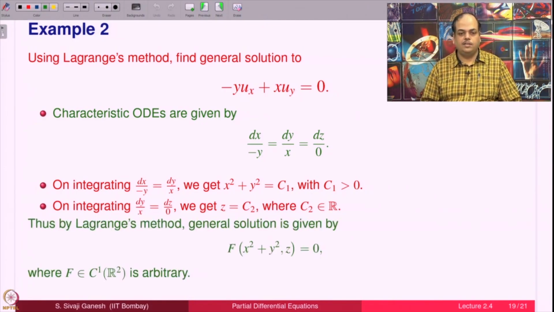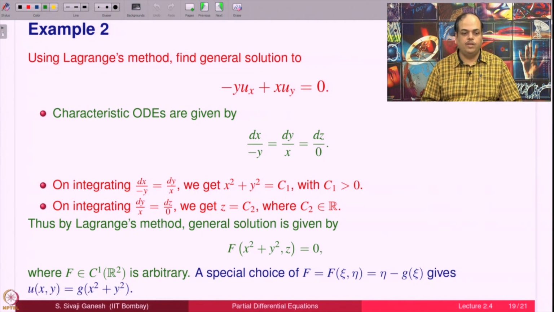Therefore, Lagrange's method says the general solution is given by f of x square plus y square comma z equal to 0, f is arbitrary. If I take a specific choice of f, which is eta minus g of psi, what I get is u equal to g of x square plus y square. In other words, this solution is constant on each circle with center at the origin, x square plus y square equal to a positive constant.